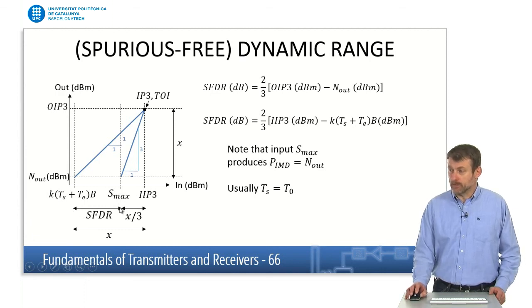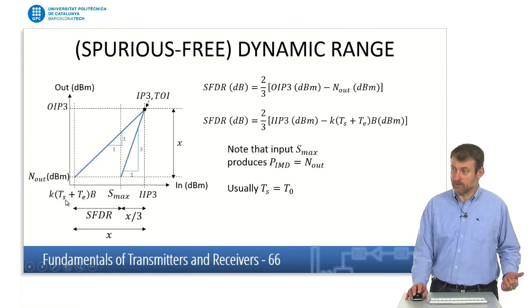It would be the range of powers going from the noise power given by this quantity, the noise power referred to the input, and that comprises both the power coming from the antenna or the source and the power due to the equivalent temperature of our element, of our receiver, right?